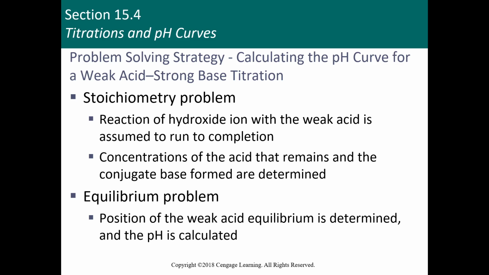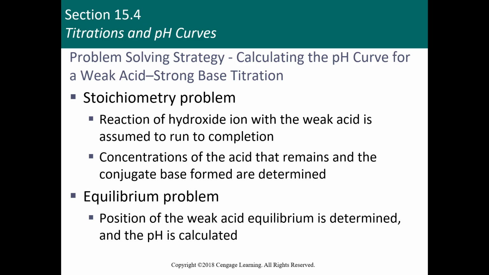Alright, so the stoichiometry problem for these, you will have the reaction of the hydroxide ion with the weak acid. You always assume that to run to completion. So you always take that amount of OH- you added, and you always subtract that off from your millimoles, usually of your weak acid.